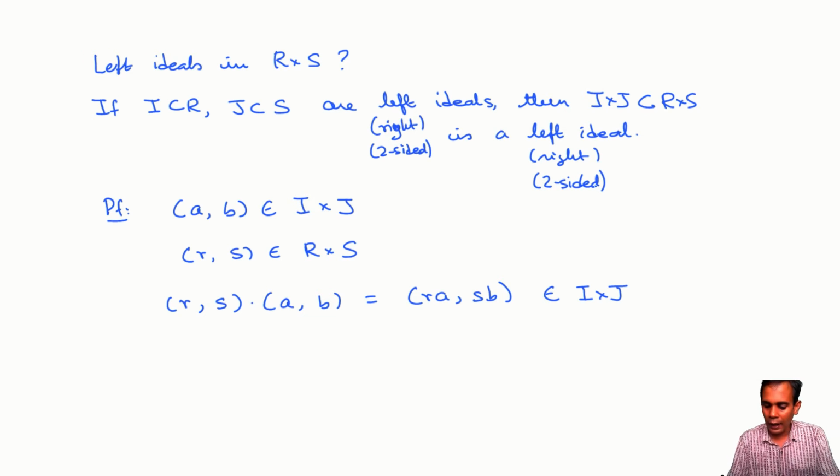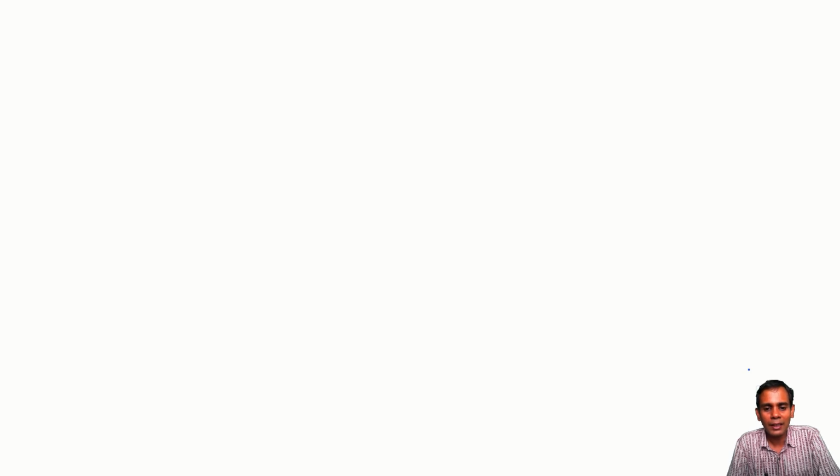So if I and J are right ideals in R and S respectively, then I cross J is a right ideal in R cross S. And if I and J are two-sided ideals in R and S respectively, then I cross J is a two-sided ideal in R cross S. It turns out that every left ideal of R cross S is of the form I cross J, where I is a left ideal of R and J is a left ideal of S.